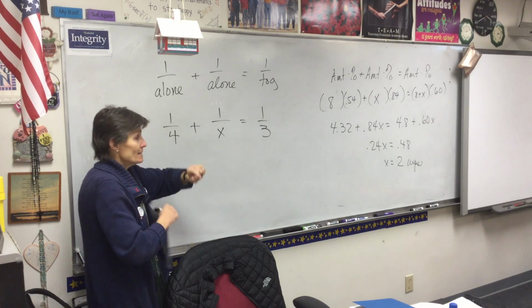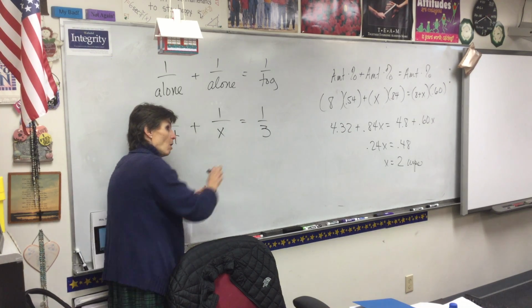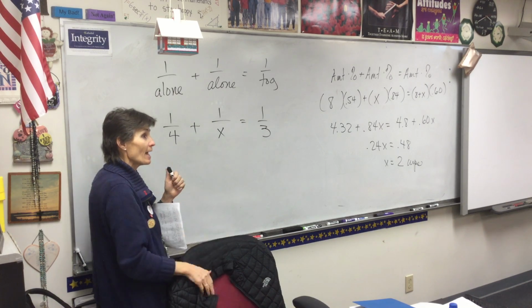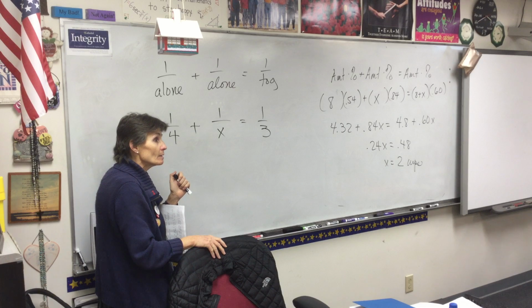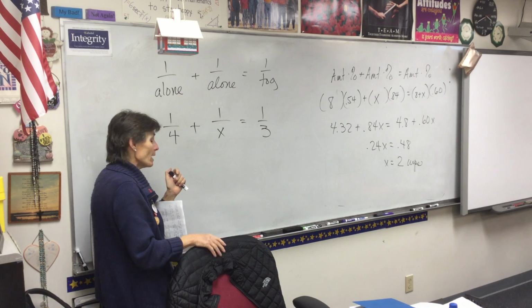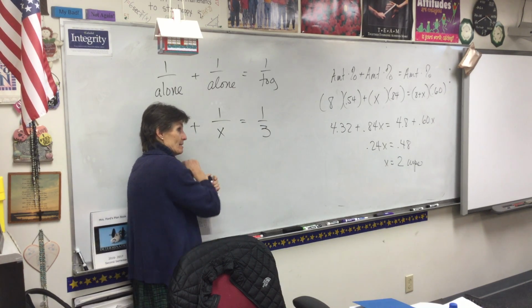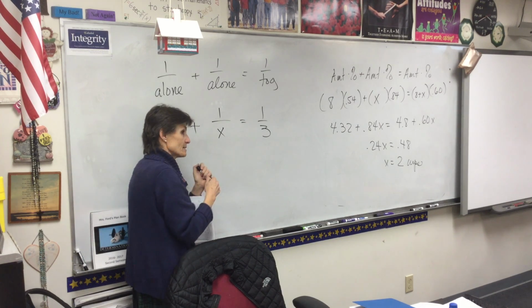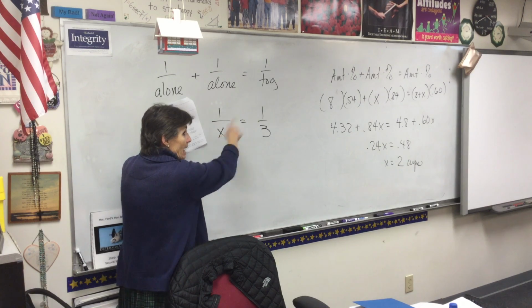Now, how do we solve an equation that has so many fractions? Do we solve it like a proportion? Well, if there weren't this plus sign in there, you could, but there's no cross multiplying here because of the plus sign. If I only had this, absolutely.